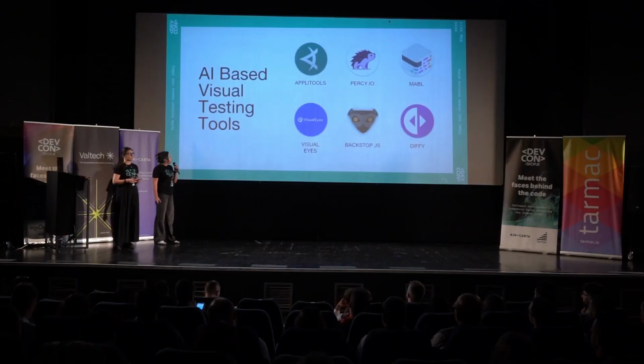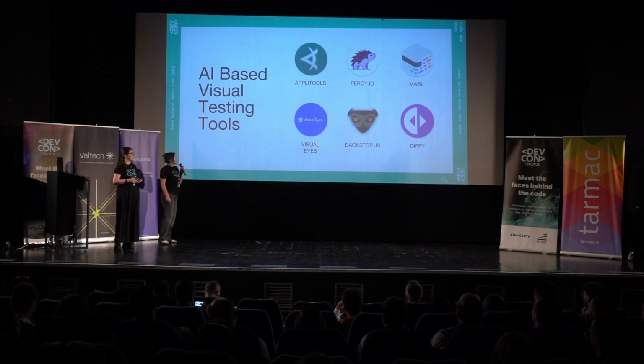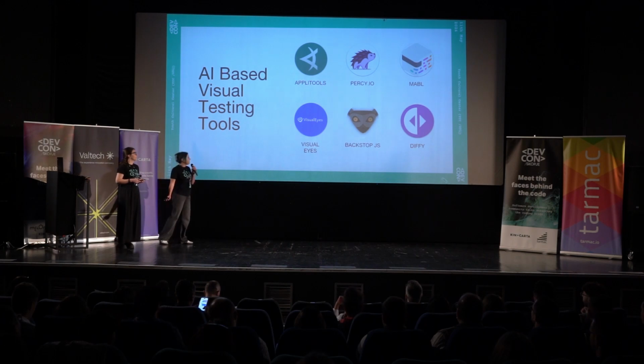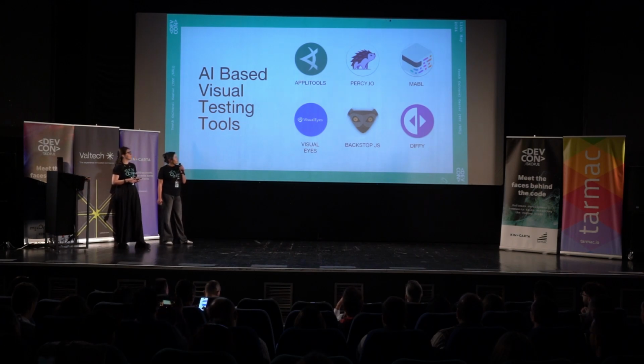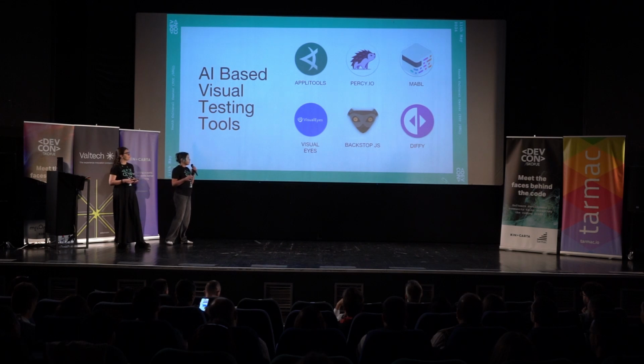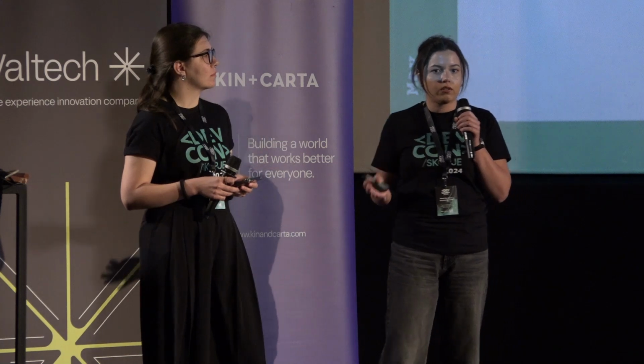On the screen are shown some AI-based visual testing tools, one of which is Applitools, which we'll discuss in detail later in this session. These are extracted because most of these offer limited or free versions or trial versions that can be explored.